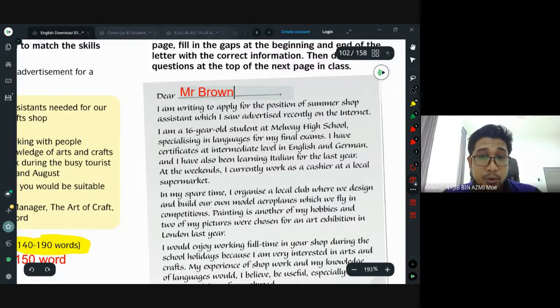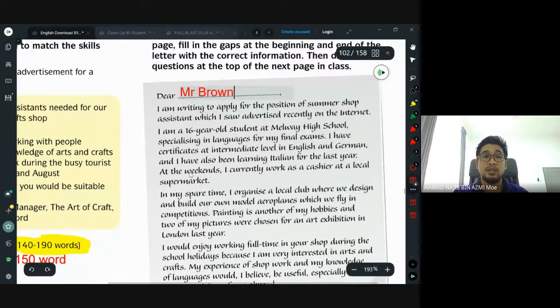Kalau orang putih, kita akan tulis dia punya nama keluarga dia saja. Dear Mr. Brown. Tapi you don't have to worry about this too much. Kalau soalan SPM, biasanya dia akan bagi nama orang Malaysia. So orang Malaysia, tulis je. I'll just give my name for example. So Mr. Ahmad Najib. Macam tu saja ya. Jangan tulis nama saya Mr. Azmi pula. But we are using this question here.